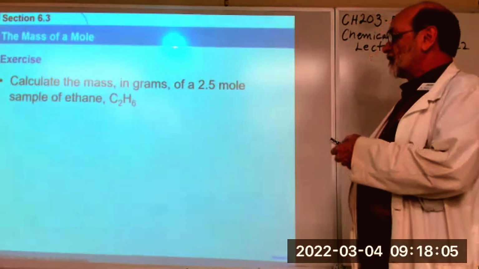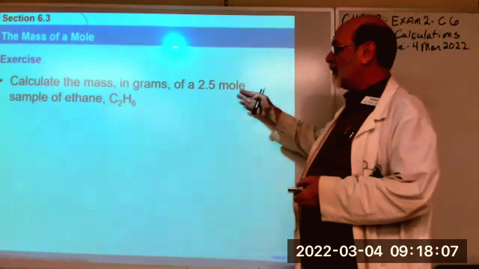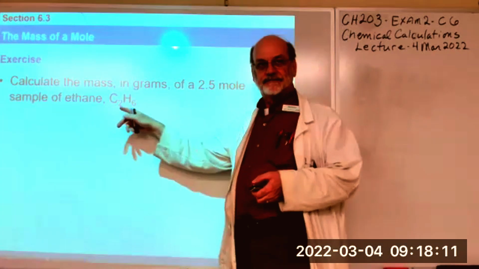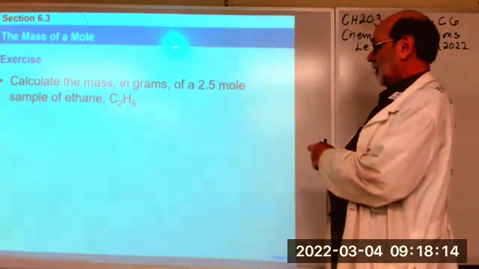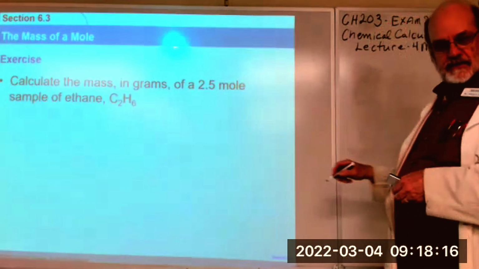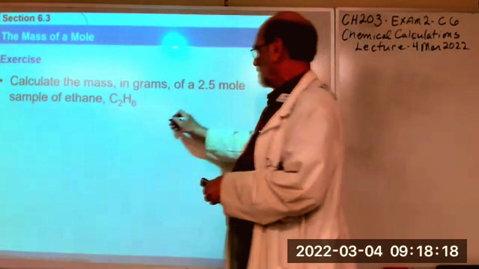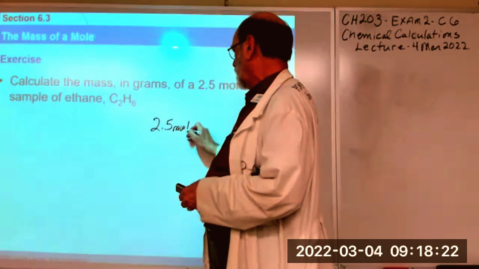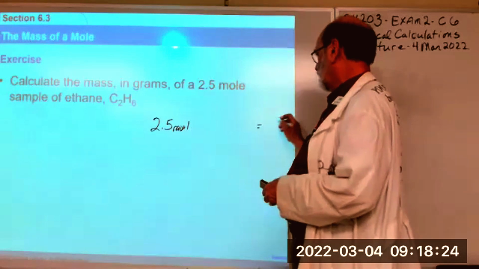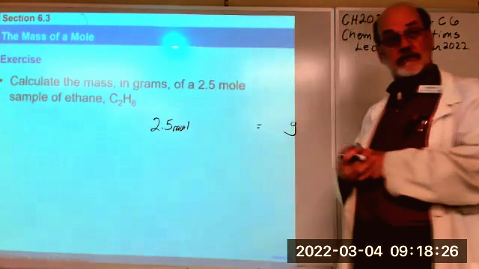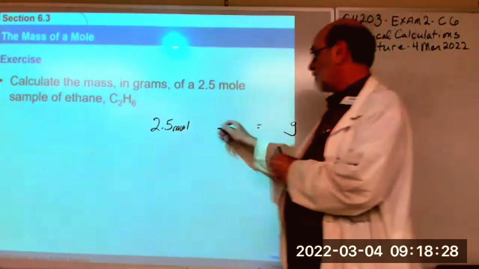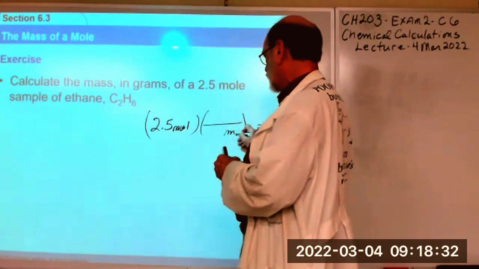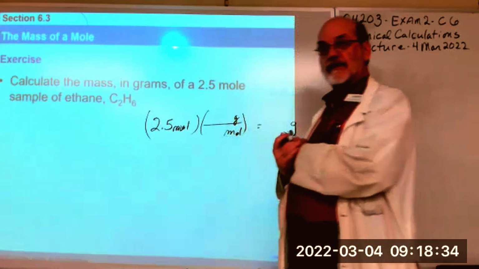So what's the mass in grams of 2.5 moles of this formula, ethane? So if you're starting off with 2.5 moles and you want to end up with grams, then you need a conversion factor that cancels the moles and leaves you with grams, correct?